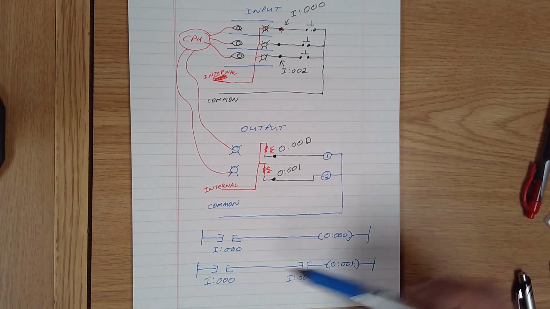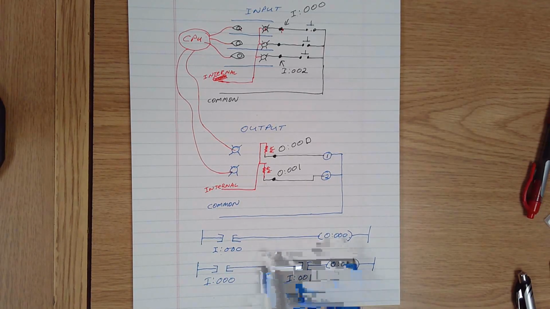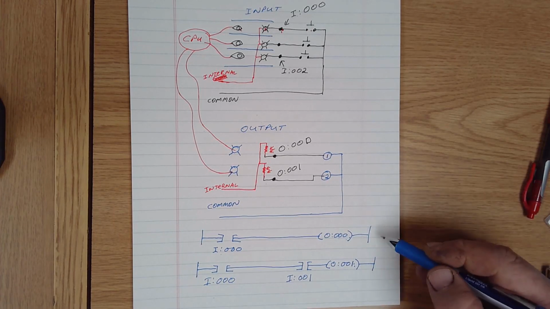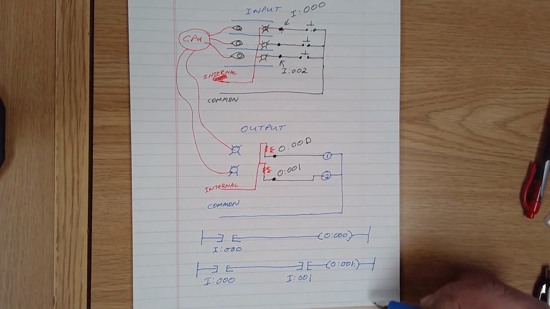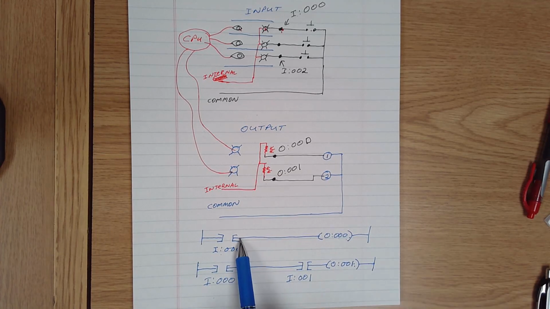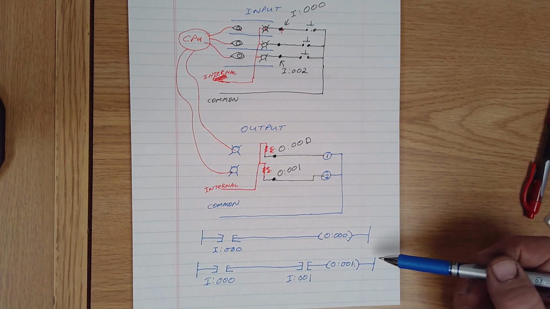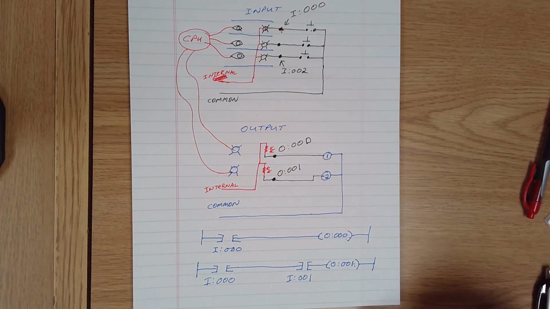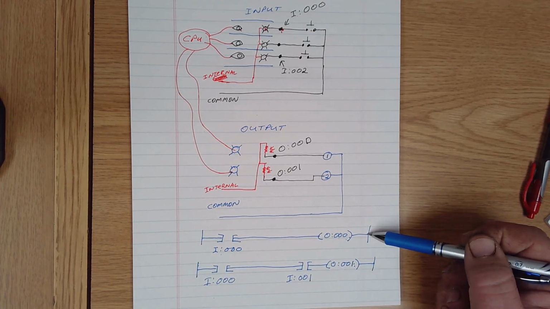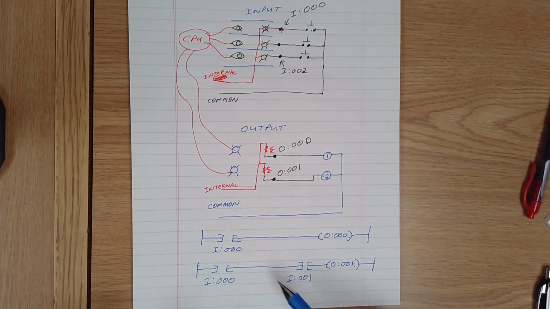So how fast the reaction of the inputs is going to be is based on how many rungs of logic that PLC has to go through before it gets back to this one. If there's 100 rungs of logic, it'll look through each of those 100 and then it'll come back to number 1. If it's only a couple, it's pretty quick.